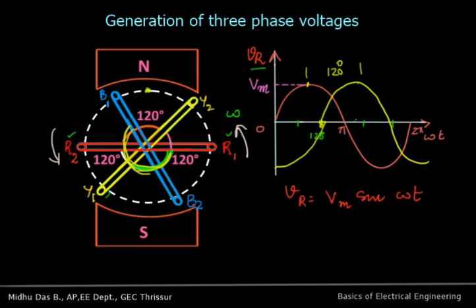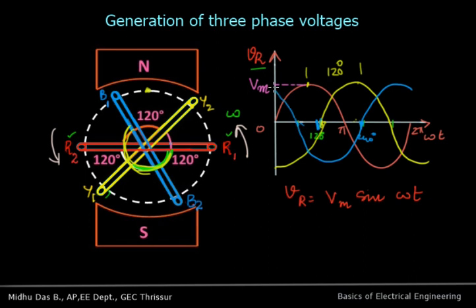The 0 position of conductor B1, when 0 voltage is induced, comes after 240 degrees only. If this is 120, this is 240 degrees, so the waveform will be lagging behind the R phase waveform by 240 degrees.